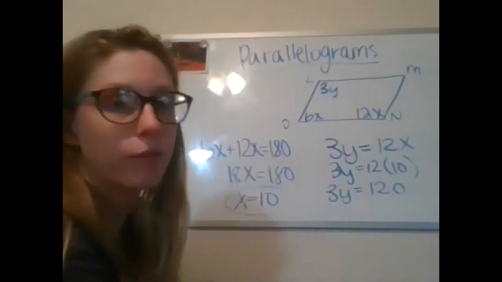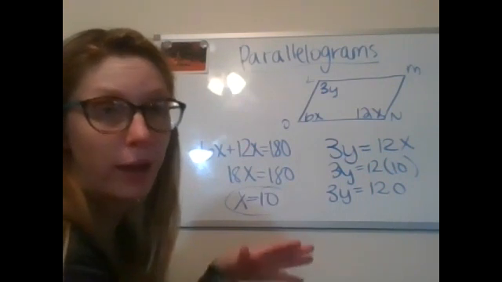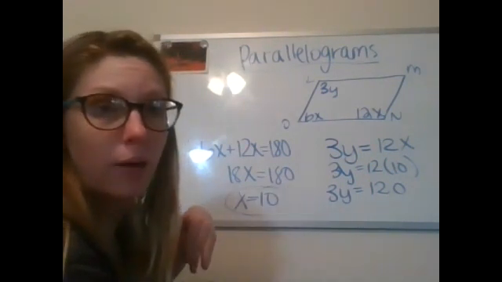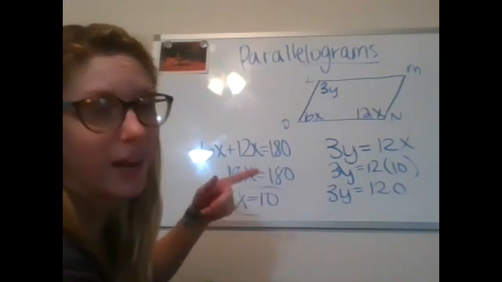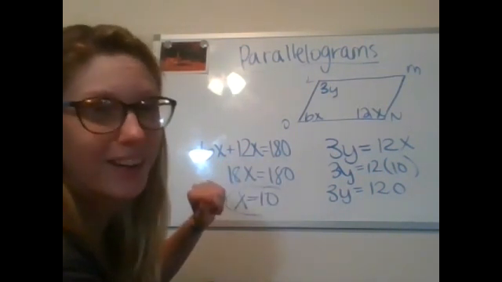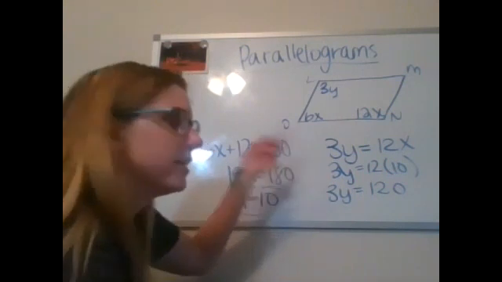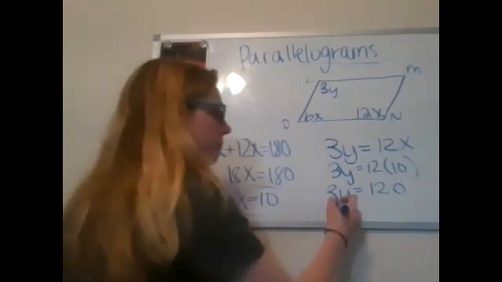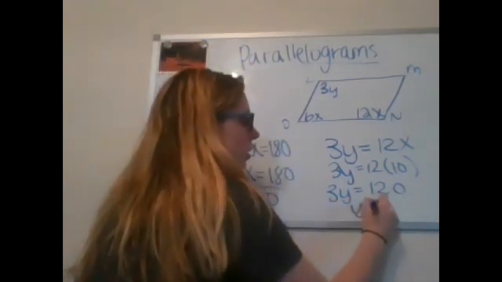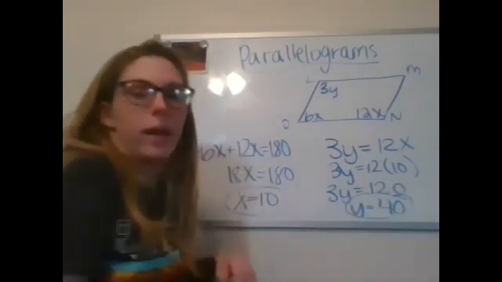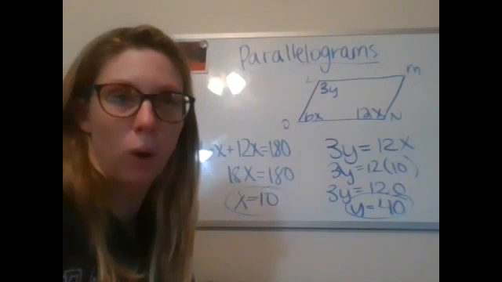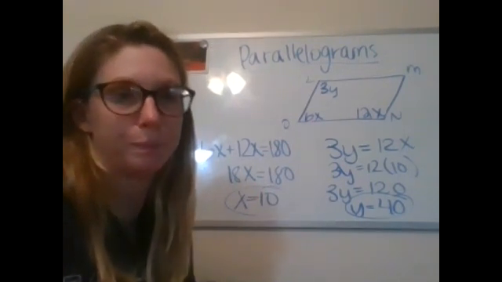I've been doing math for a very long time and know a lot of my operations pretty quick. Plus, I wrote these notes ahead of time and used a calculator if I needed it. Last step is to divide each side by 3. 120 divided by 3 gives us 40. And now we have officially solved x and y in this problem.